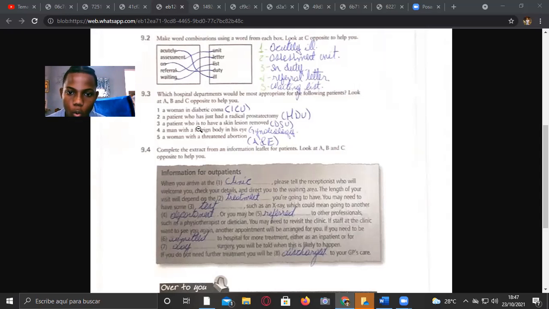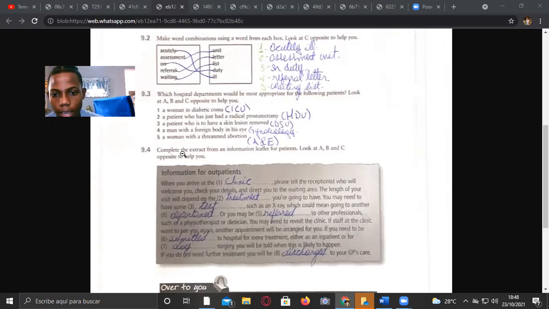A patient who is to have a skin lesion removed, DSU. A man with a foreign body in his eye, A&E. A woman with a threatened abortion, gynecology.